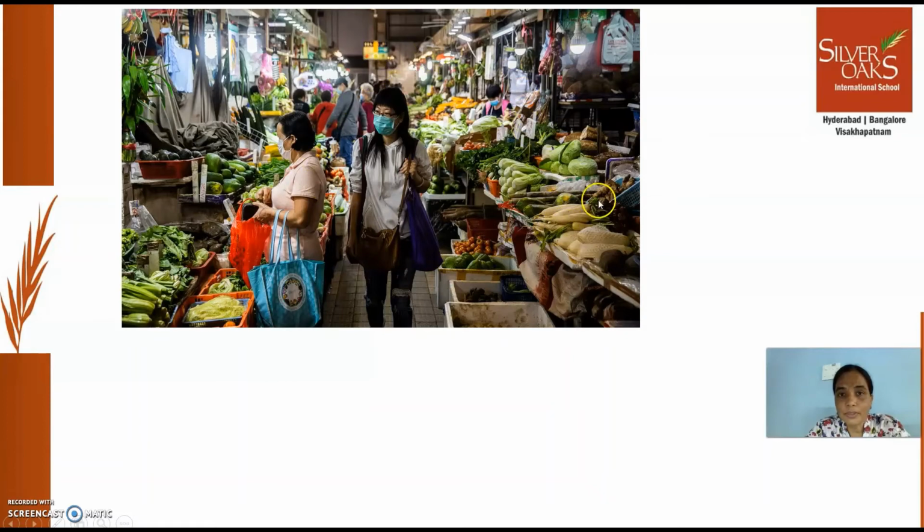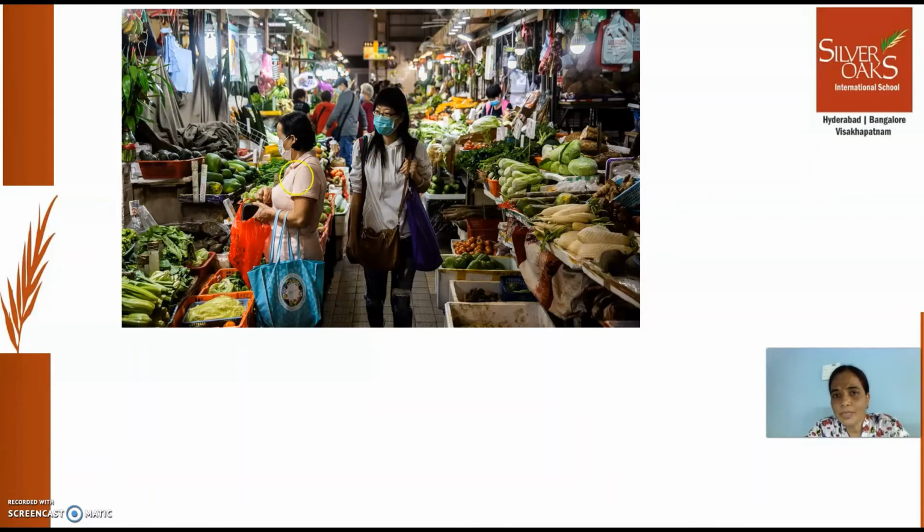You see people, you see lots of vegetables, you see many shops which have vegetables, right? Now, I see these two women particularly because they are very clear to us. And what are they wearing? They are wearing masks, right? Like these days we wear masks whenever we go out. So they are wearing masks, right?